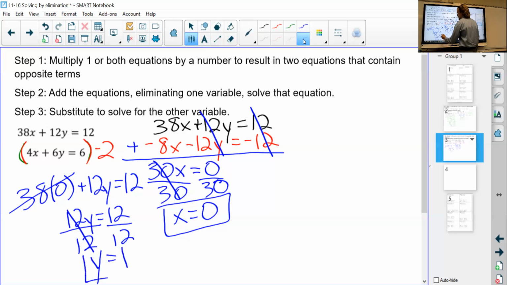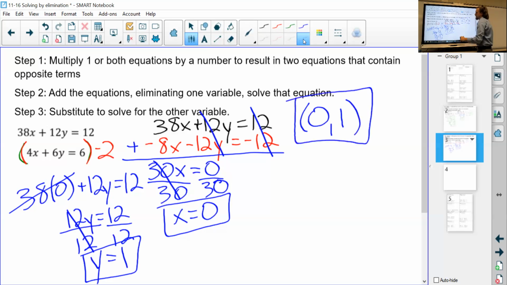That's not too bad. So our answer would be 0, 1. We could check that. 4 times 0 is 0. 6 times 1 is 6. 0 plus 6 does equal 6. That checks out. Okay, same 3 steps every time. If you want to pause it, write this down so you can see it.